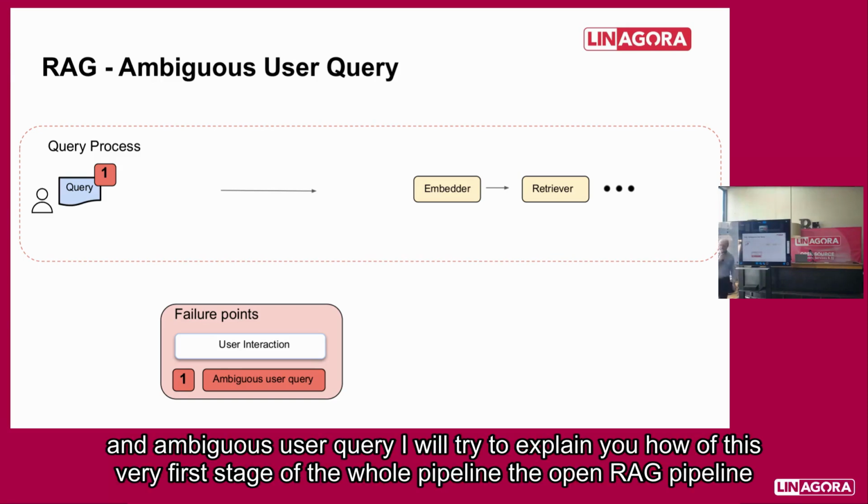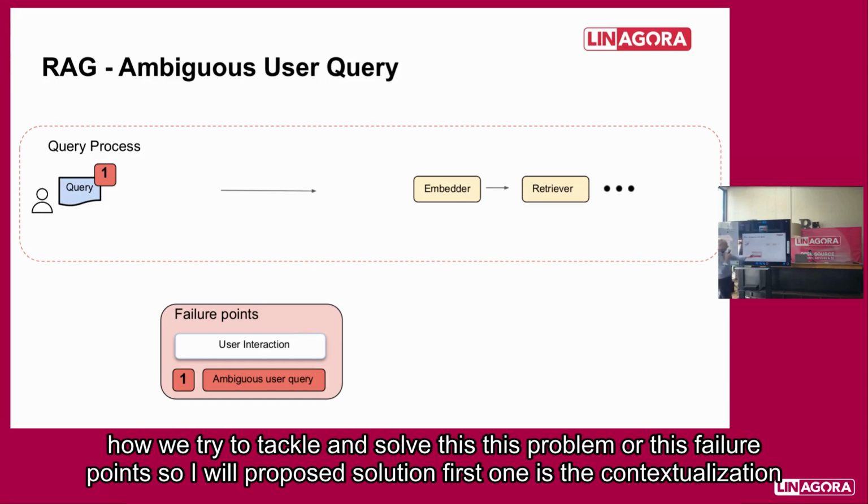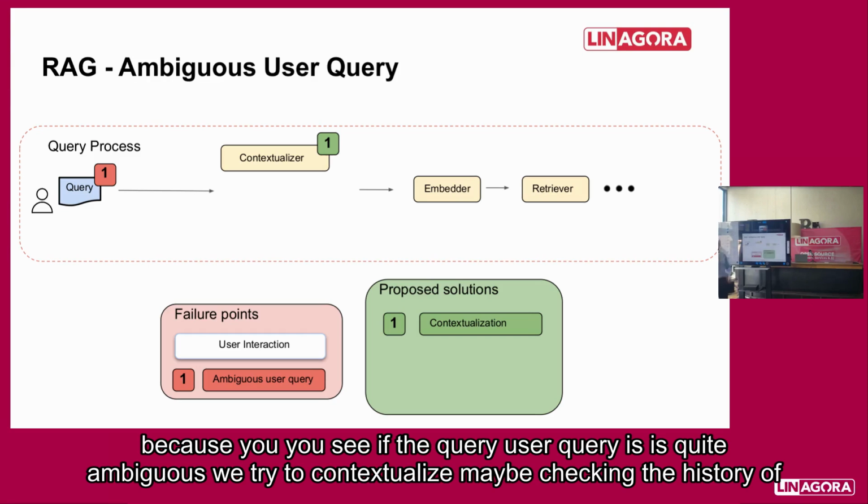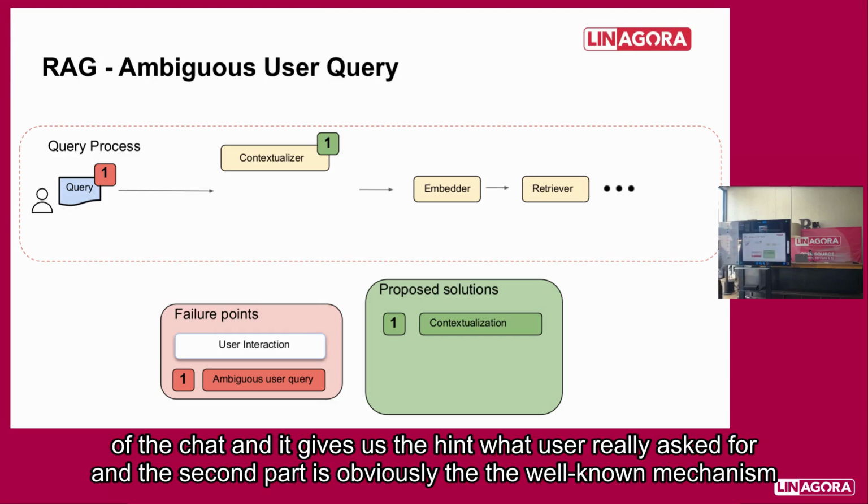So now let's break down and start with the first failure point. It's about user interaction and the ambiguous user query. I will try to explain how, at this very first stage of the whole pipeline, the OpenRAG pipeline, we try to tackle and solve this failure point. Our proposed solution, first, is contextualization, because if the user query is quite ambiguous, we try to contextualize, maybe checking the history of the chat, and it gives us hints about what the user really asked for.